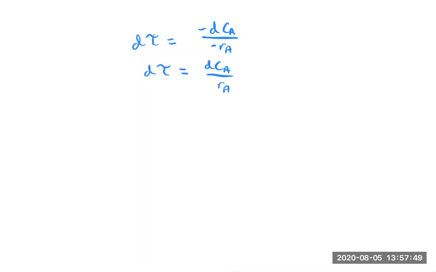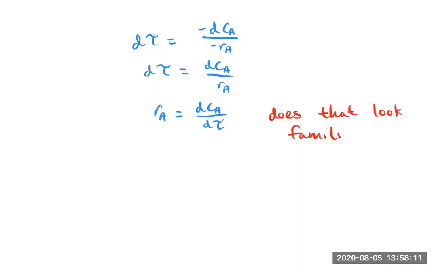But now if we swap these terms a little bit, we have RA equals dCA over d tau. And now my question for you is, does that look familiar? I want to pause for a moment and ask, have you seen this form of an equation before in another system?